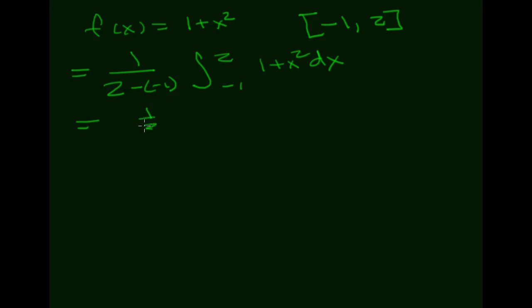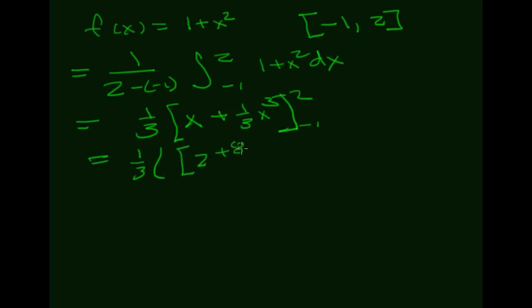So this is 1/3, and then the antiderivative is x plus 1/3 x cubed from -1 to 2.